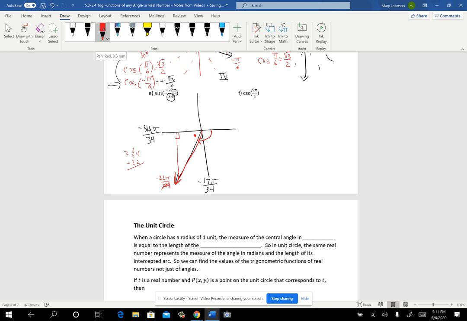Okay, that would have just been 12. So that would have been 12 pi over 34. I can cut it down a little bit: 6 pi over 17. That should be my theta prime.